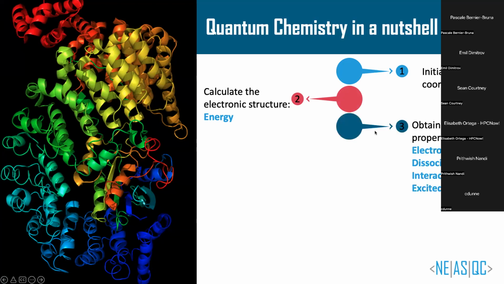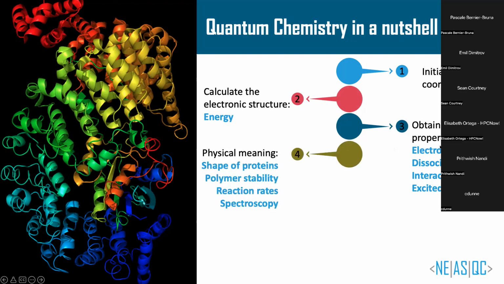Then with that, you obtain the chemical properties, whatever property you're interested in. It could be electron density, dissociation energies, whatever. And once you have these chemical properties, you try to associate them with a physical phenomenon, such as the shape of proteins, polymer stability, reaction rates, or even spectroscopy.